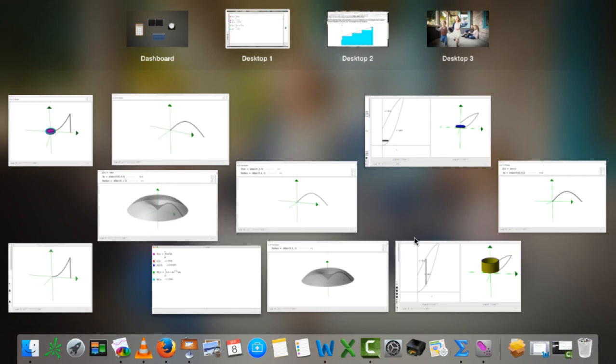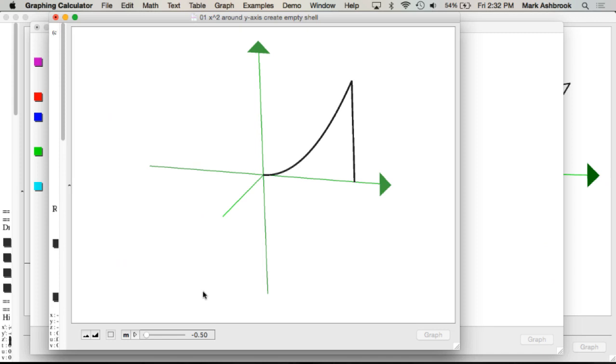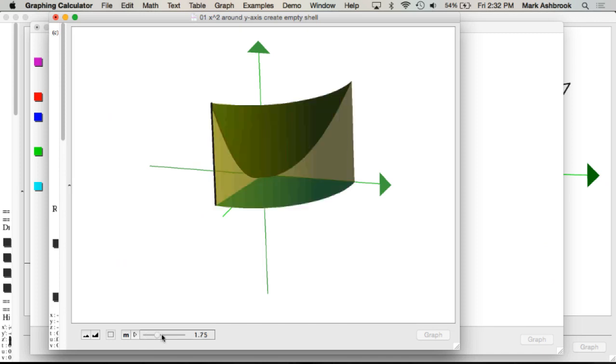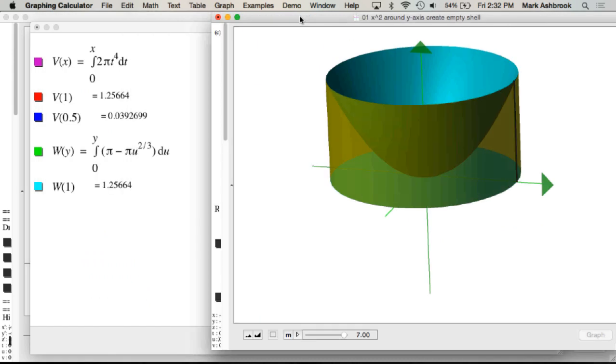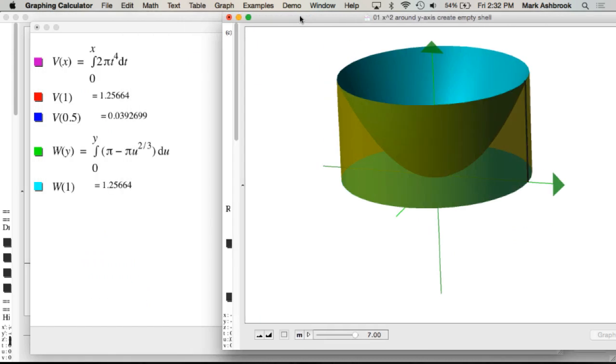Where's the one I was doing? This one. So imagine the filled shell. V of a half was this 0.03. What about W of 1/2? You imagine that's going to be greater or less than V of 1/2?